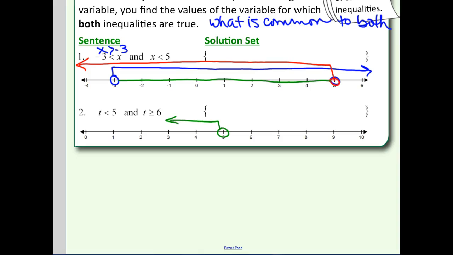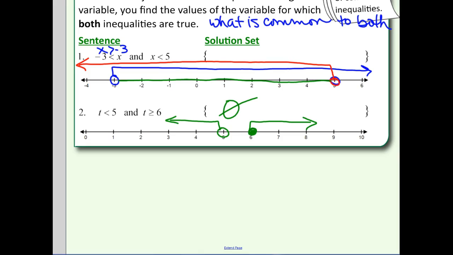To graph t is greater than or equal to 6, I'm going to go to 6 and put a closed dot. Remember, because of that "equal to" part, we include it. Now listen, this is an "and," this is a conjunction, and if you look there, there's nothing common to both. There's no overlap. So for this problem, our answer would be the empty set. That's an important thing to realize.